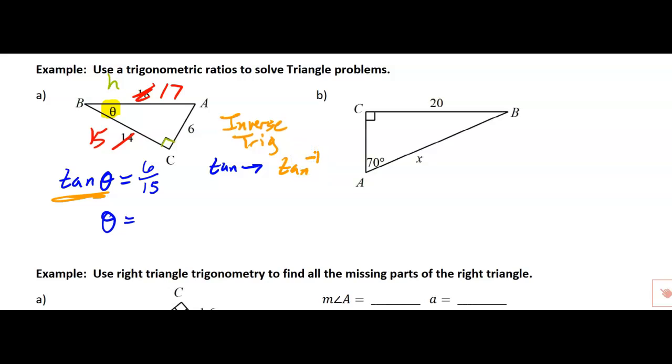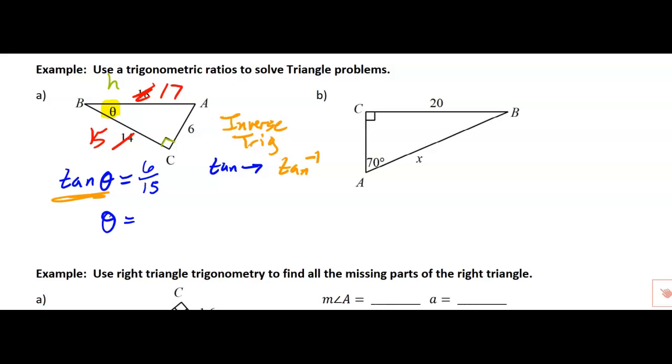So that little minus 1 basically says, hey, I'm not going to build a whole new function for the inverse tangent. I'm just saying, okay, this is tangent, but the minus 1 tells you it's the opposite. So tangent is I put in an angle and I get out a side, I get out a fraction. Inverse tangent is put in a fraction and get out an angle measure.